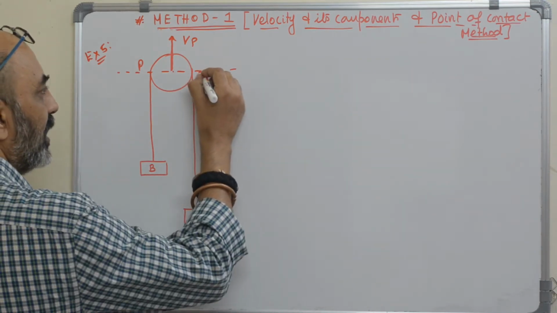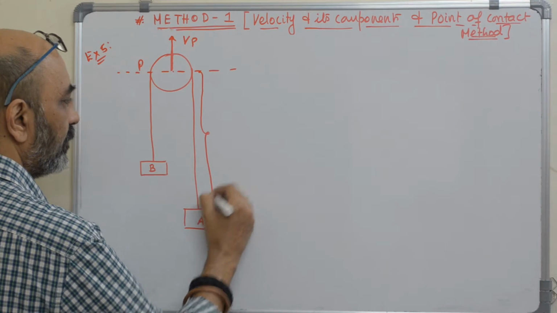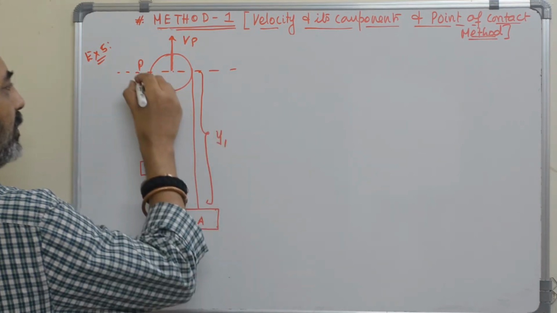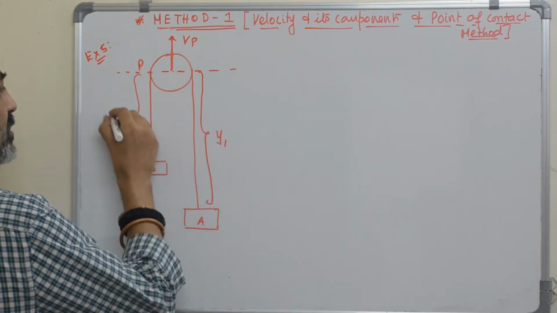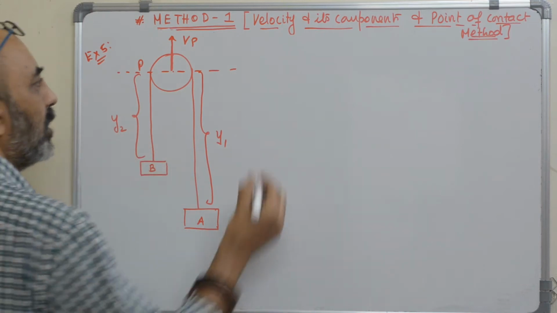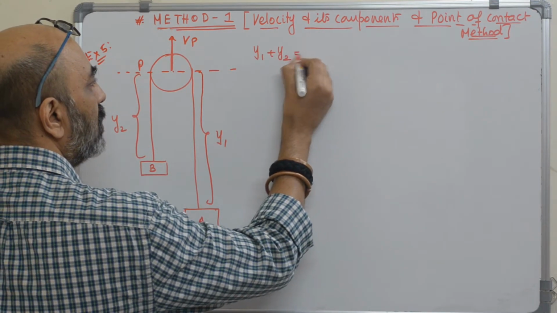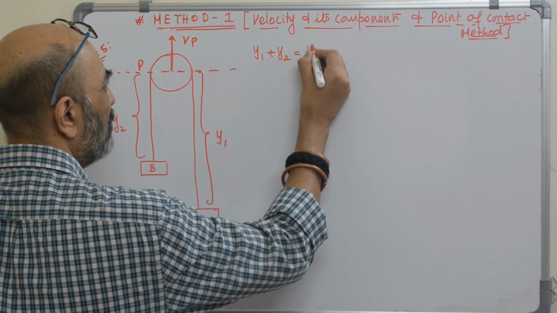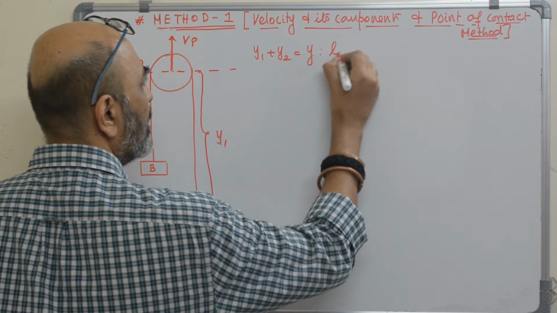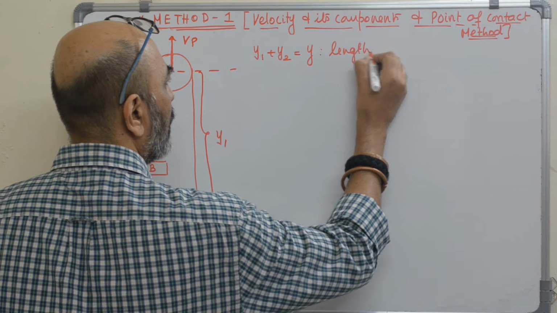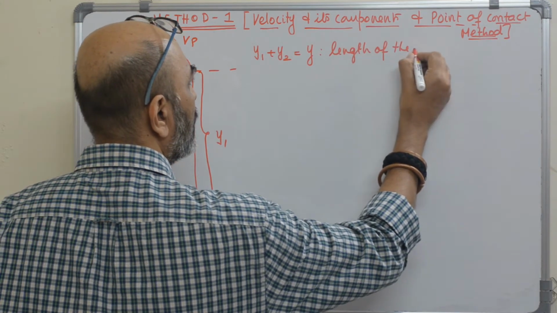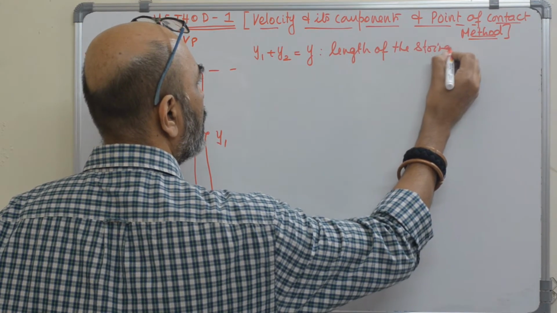Okay, so what exactly are we saying? Let us say that this distance we will take as y1, and that distance we will take as y2. Now would you agree with me that y1 plus y2, let us say, is some y, where y is the length of the string.